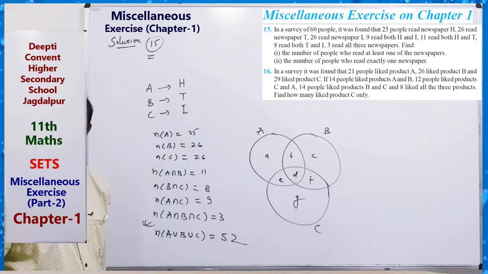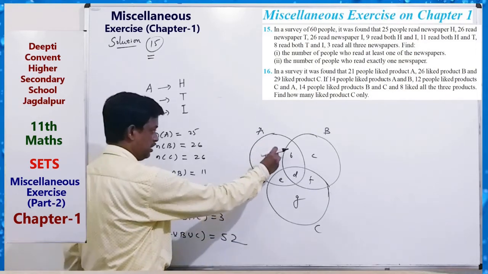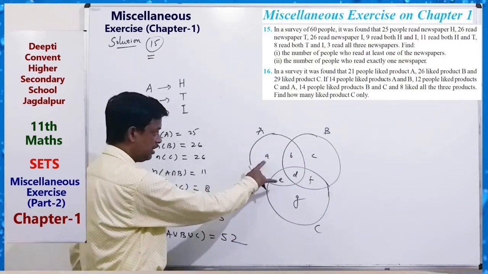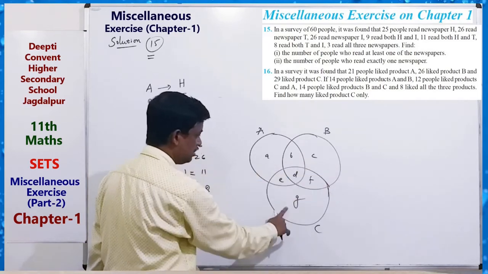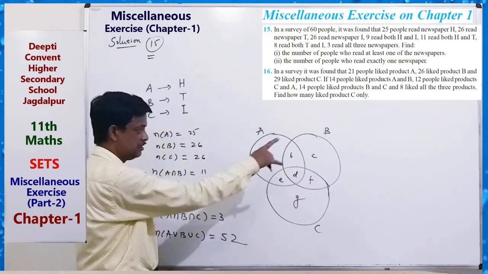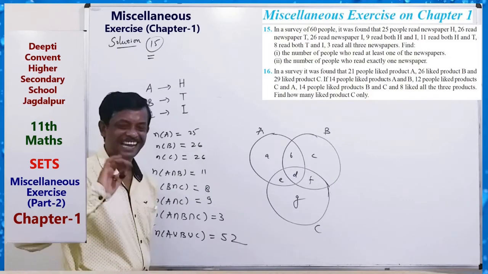Now where is the number of pupils? Only A, only B, only C. So we have to find exactly one.